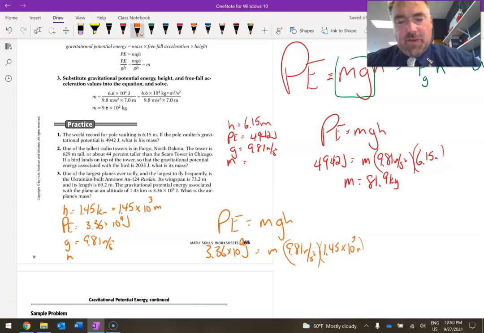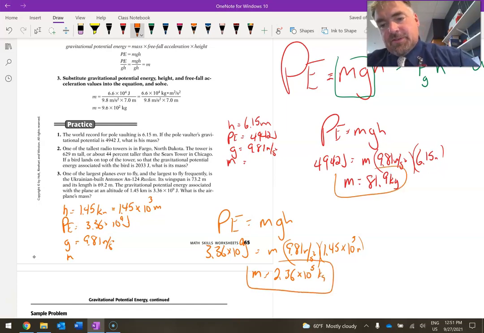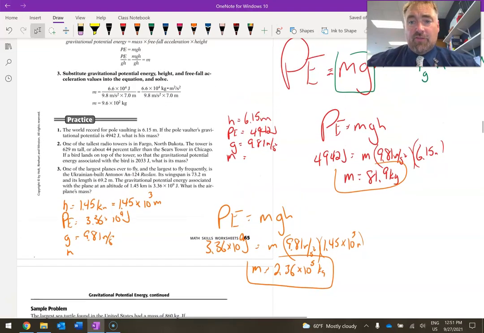So again, multiply 9.81 by 1.45, and divide 3.36 times 10 to the ninth by it, and so we get a mass of roughly 2.36 times 10 to the fifth kilograms. So that's how we can solve for mass. We know the potential energy, acceleration of gravity, and height.